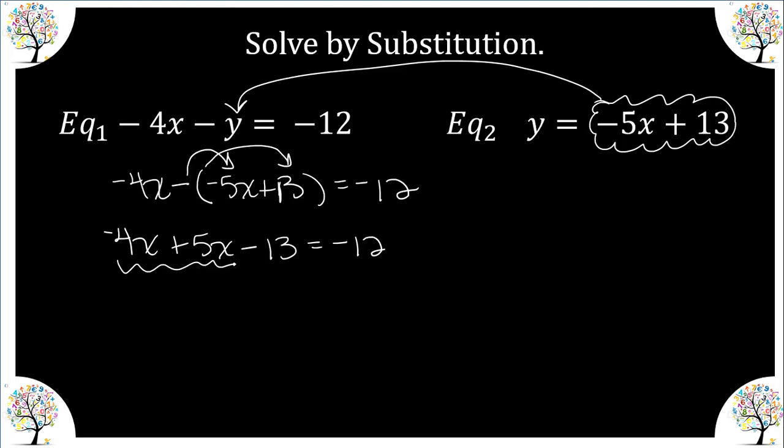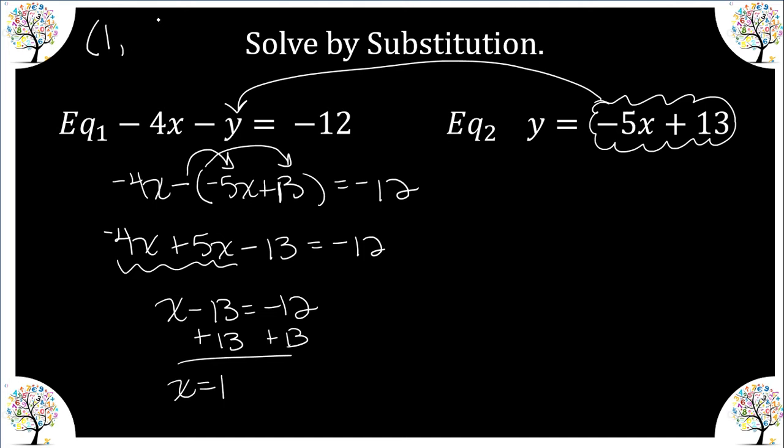We're going to combine like terms, and we're going to isolate x. The x value, the x coordinate of this solution to this system is 1. So I'm going to write 1 comma, make sure we put it in the right spot, x comma y. Now we're going to take what x equals, and I'm going to substitute it into equation 2.